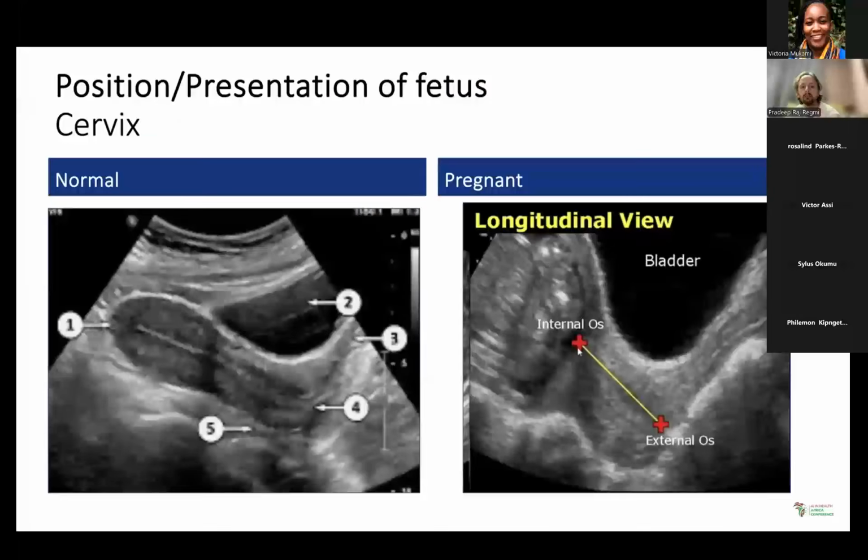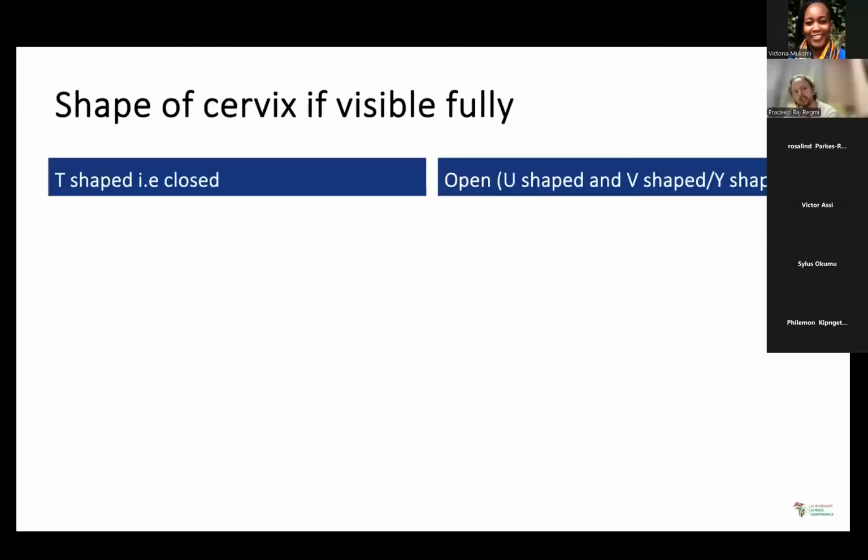Another is the position and presentation of the fetus, and its relation to the cervix. The cervix is quite important during the second and third trimester, and if it can be detected with the model, it will definitely help decrease fetal mortality in the peripheral part as well.